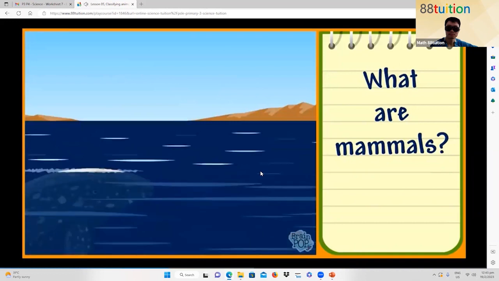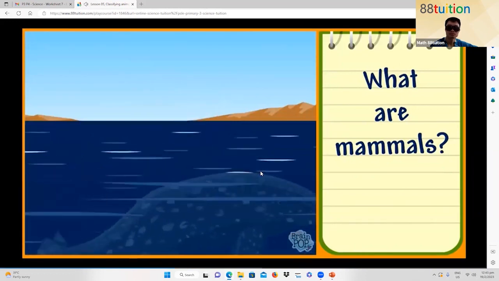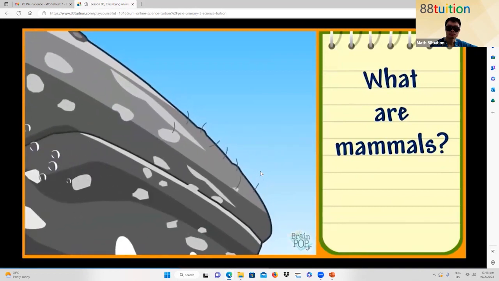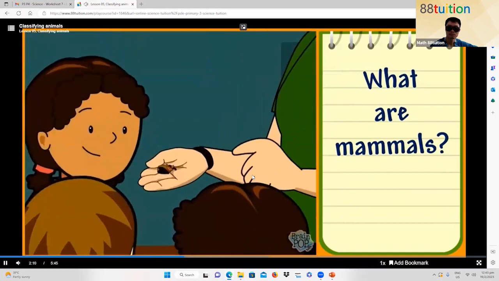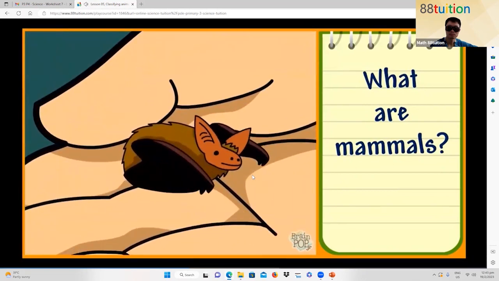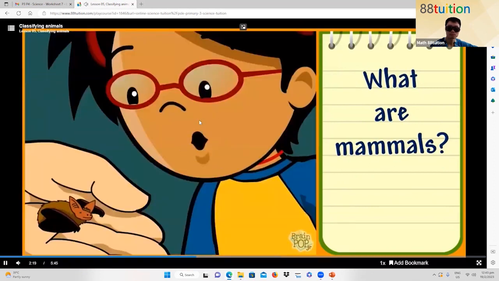But they still have lungs to breathe oxygen, so they need to come up for air. They even have hair. The smallest mammal in the world is the bumblebee bat. It's about the size of a thumb. Bats are the only mammals that fly like birds.